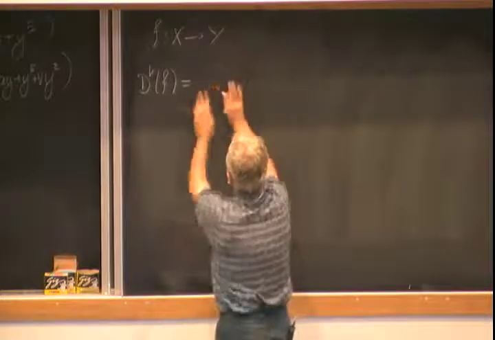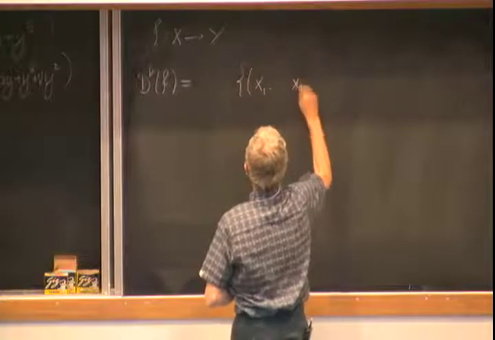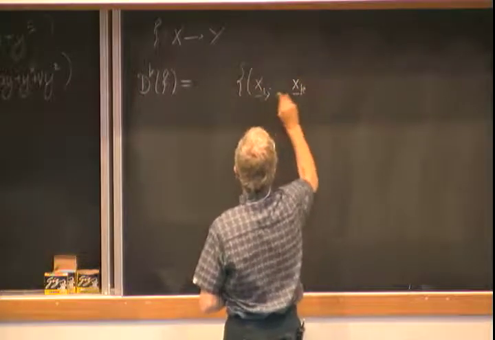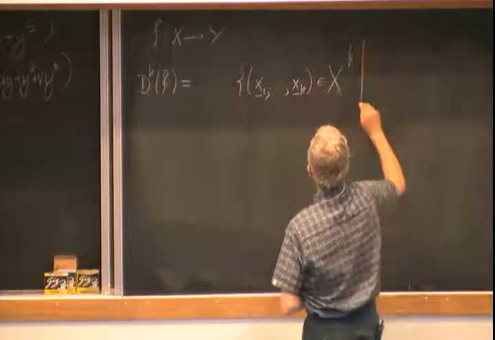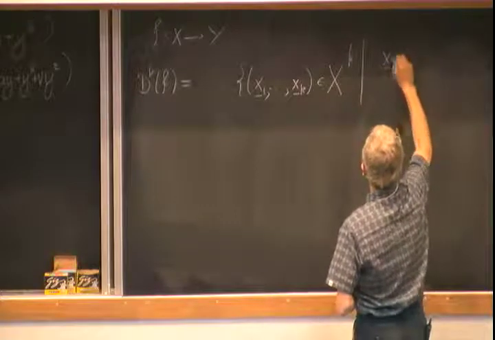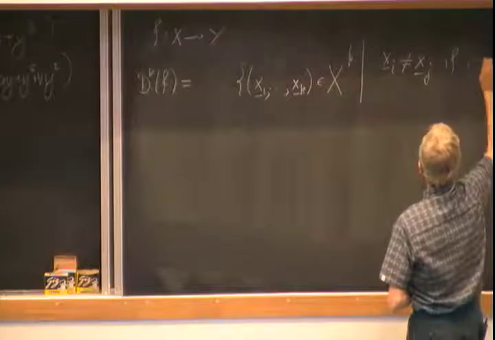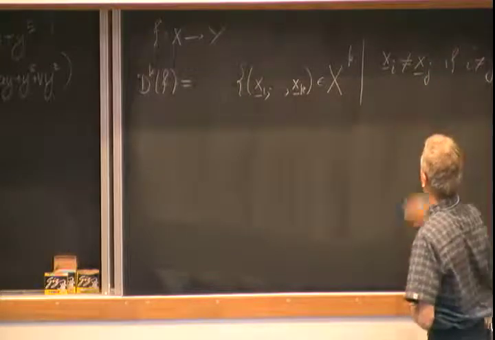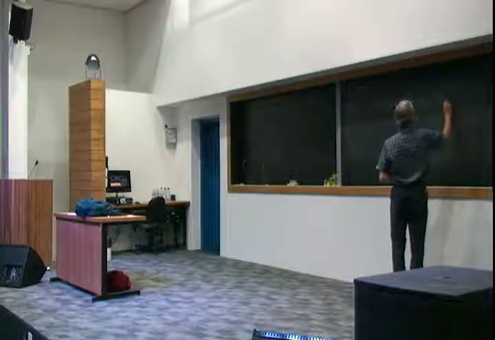I'm interested in ordered k-tuples of points in X to the k. I want them to be different from one another, x_i different from x_j if i is not equal to j, and I want f of x_i equals f of x_j for all i, j.